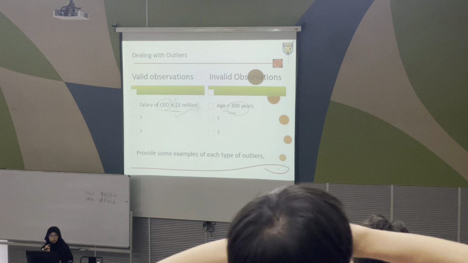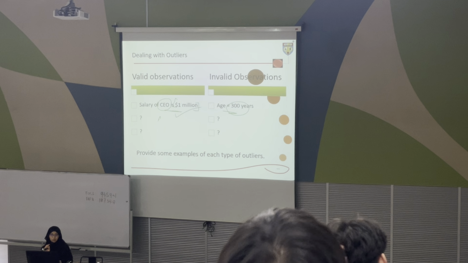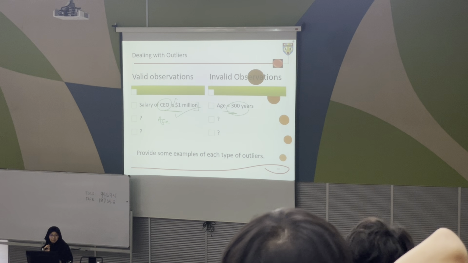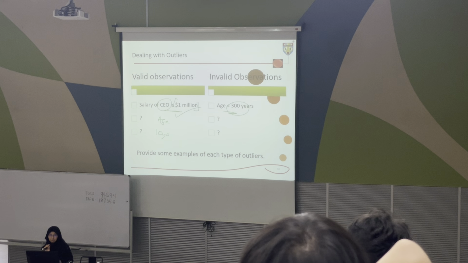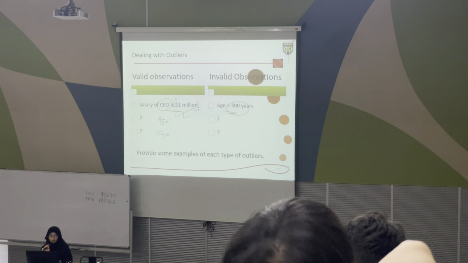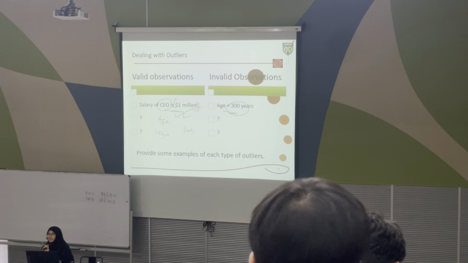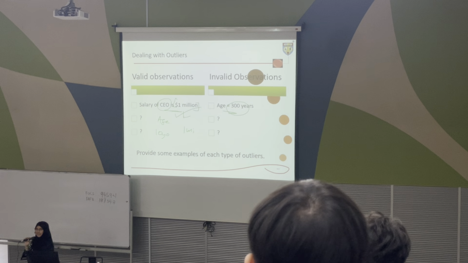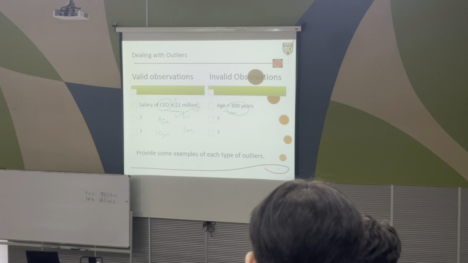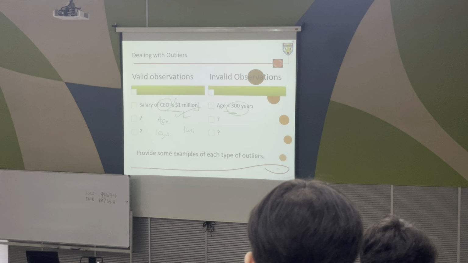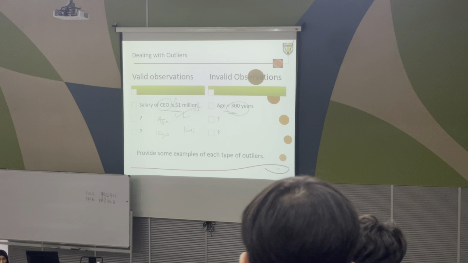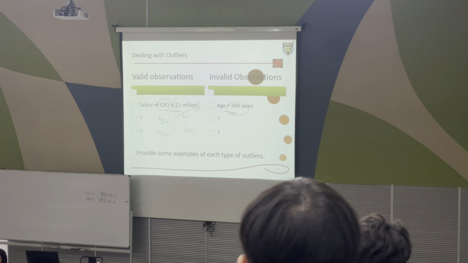I have one question. Assuming that we have a column, for example, a 10-year-old kid, is it possible for this kid to have a 1 million salary? Are you sure? Possible. Why? No. Himself. Genius. But why? Not logical.